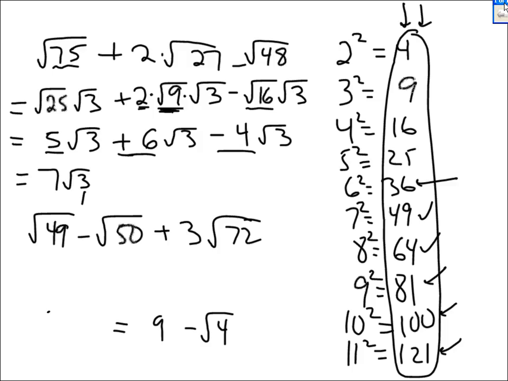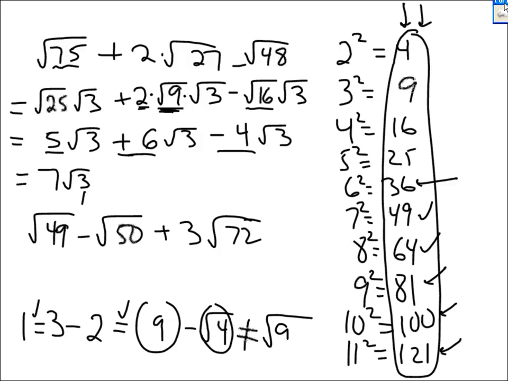Well, the square root of 9 is 3 minus, this is 3, this is 2. 3 minus 2 is 1. But this does not equal the square root of 9 minus 4, which is the square root of 5. 1 does not equal the square root of 5.